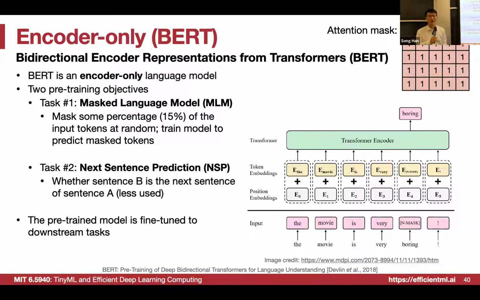So what is the masked language model? We are going to mask like 15% or some percentage of the input tokens at random and train the model to predict those masked words. Here, the movie is very fast, and we want to predict this is boring.